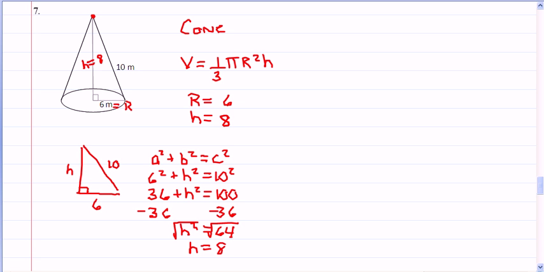So when I substitute this in the volume formula, I have 1/3 times pi times r squared times the height, and I can write this out as 1/3 times pi times 36 times 8.